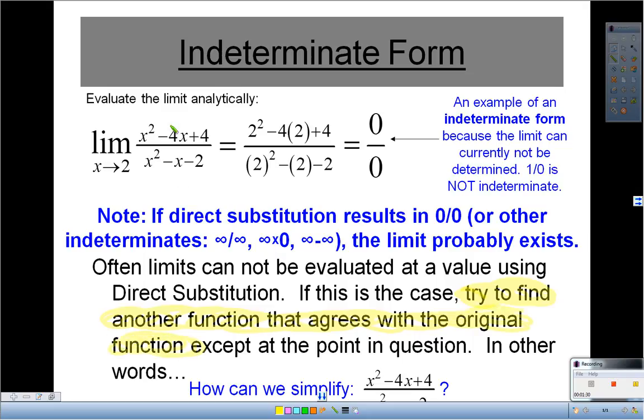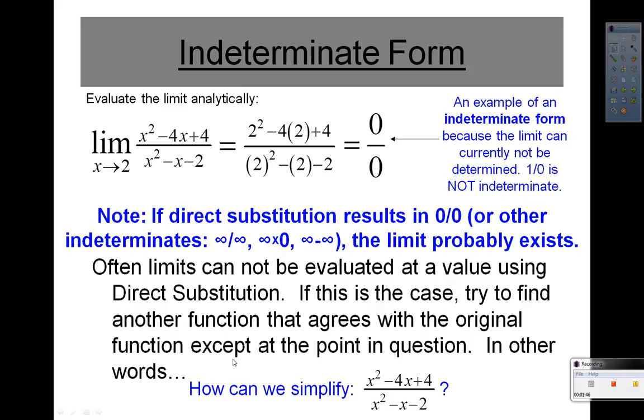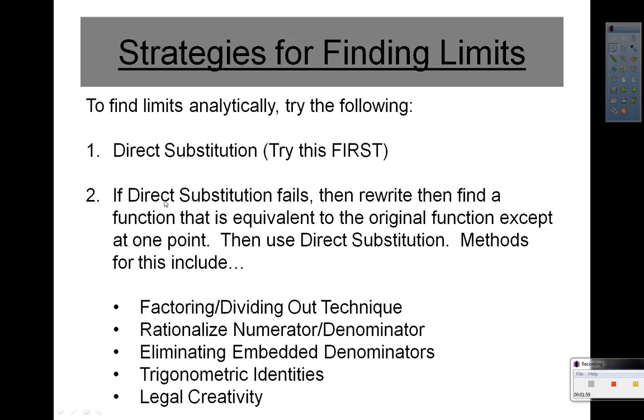We're going to try and rewrite this function, x squared minus 4x plus 4 over x squared minus x minus 2, as an equivalent function, and then hopefully we'll be able to do direct substitution. So the question is, how can we simplify x squared minus 4x plus 4 over x squared minus x minus 2 to solve this? Obviously this means we've got to remember some of the algebra that we learned in previous courses.